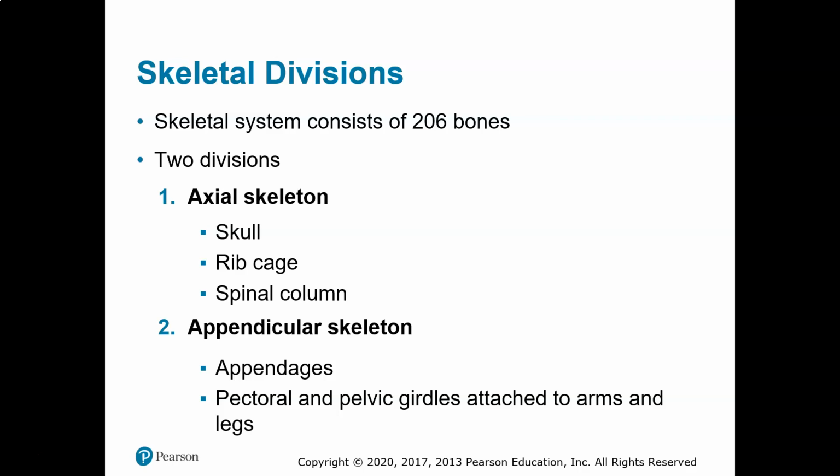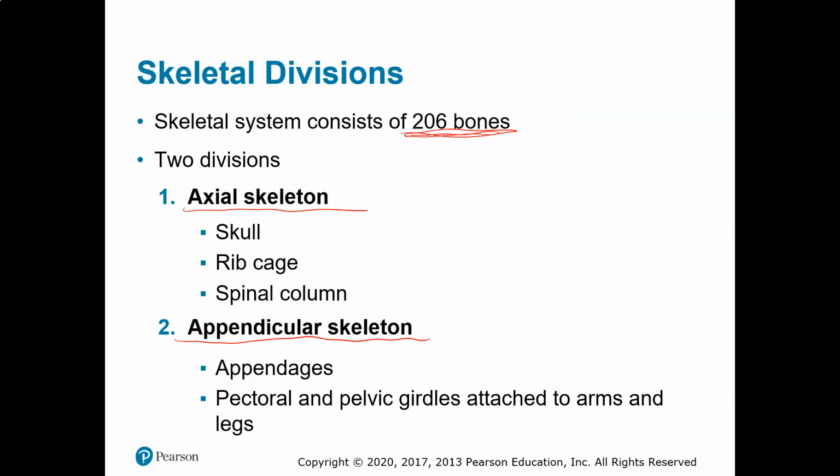Now, just a real brief overview of the entire skeletal system, because we're going to talk about the axial skeleton next. There are 206 bones in the skeletal system, divided into the axial skeleton, which we will cover in this unit, and the appendicular skeleton, which we will cover in the next unit.